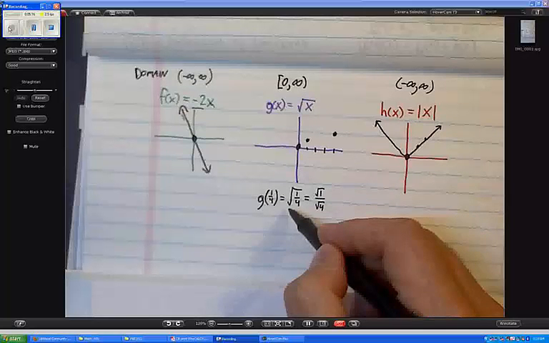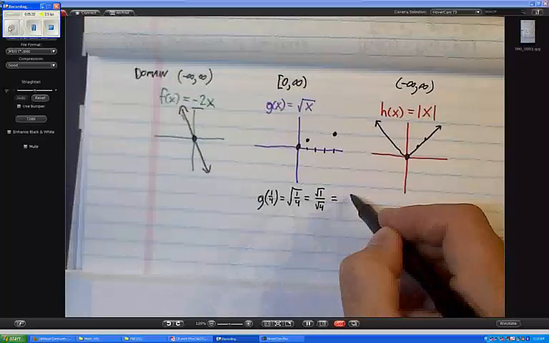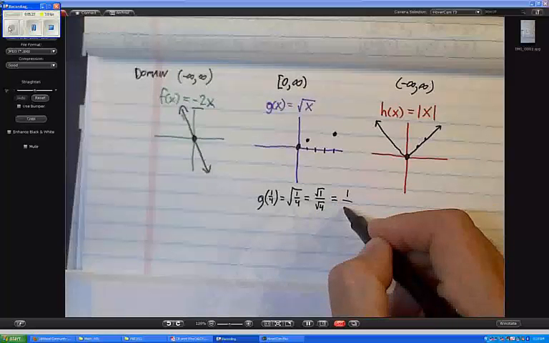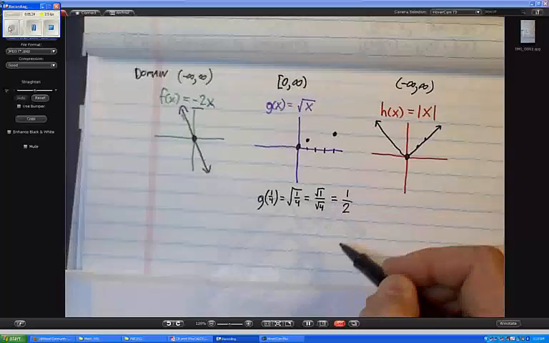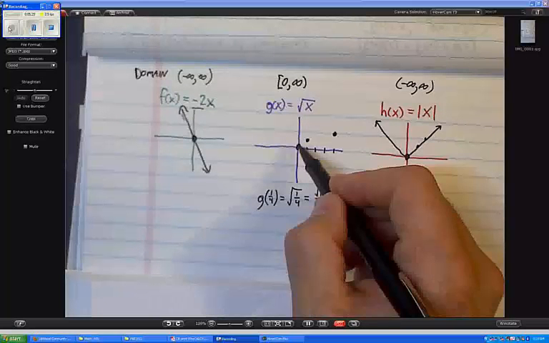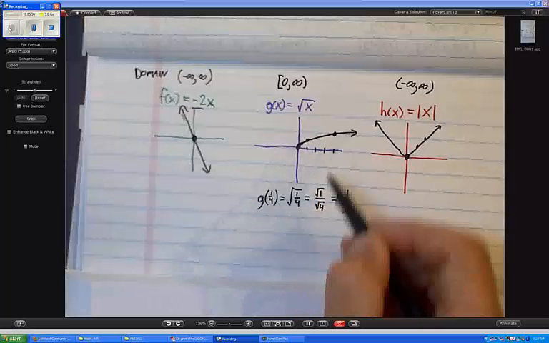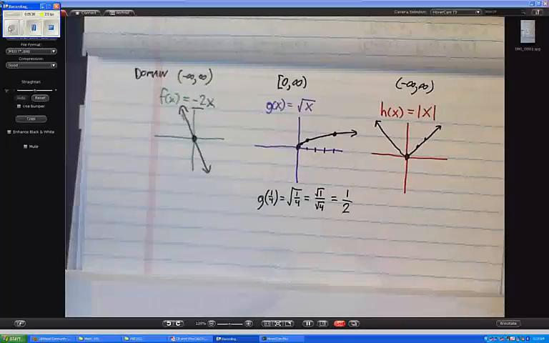The square root of 1 is 1. What's the square root of 4? See, that's a nice trick. You can split up square roots when there's a fraction. So anyway, that's right here. The curve looks like that. And I should point out that what it really is, is half of a parabola.